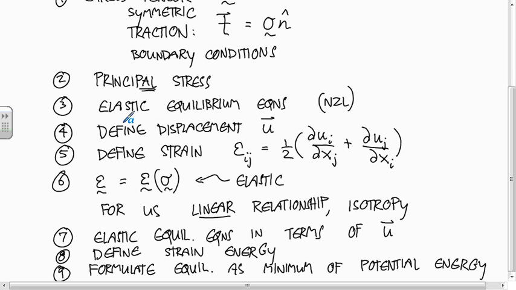One is as a differential equation, and then one is as the minimum of potential energy. That minimum of potential energy is actually the mathematical starting point of finite elements. So once we get to this, there's a lot of different ways to do that minimization, and we're not going to go into those, but I think it'll be helpful to understand how it works up to that point.